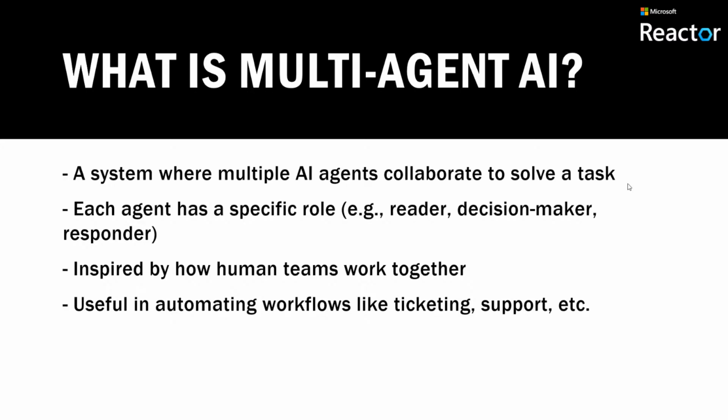Let me state an example so that you can correlate it. Say you have three different agents: A, B, and C. The first agent A will try to understand the complaints from the user, that's an assumption.